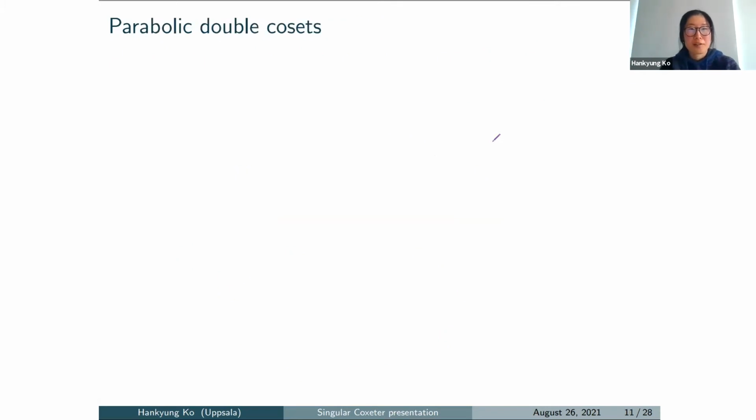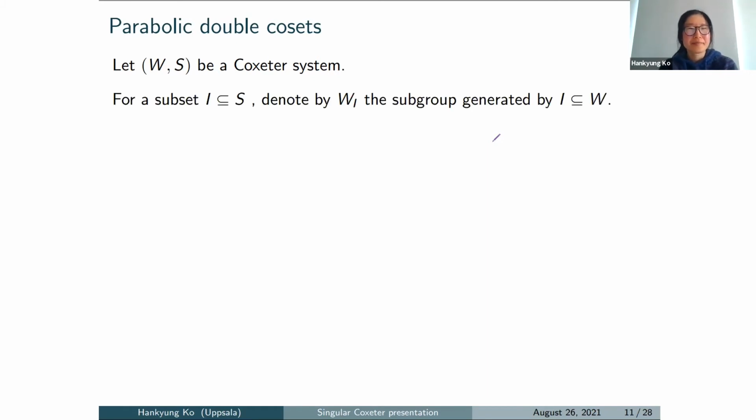Okay, so now I have parabolic double coset. And I need first to say what a parabolic subgroup is. So (W, S) is a Coxeter system.